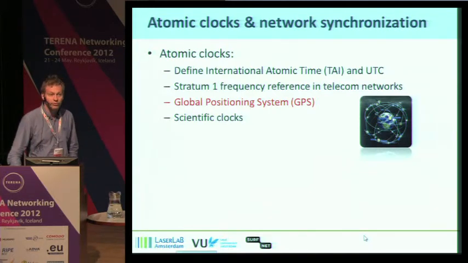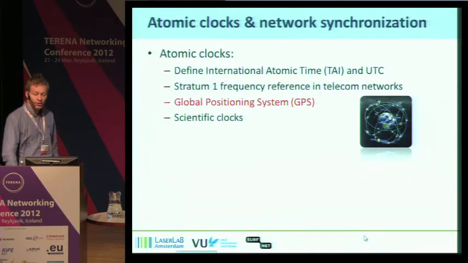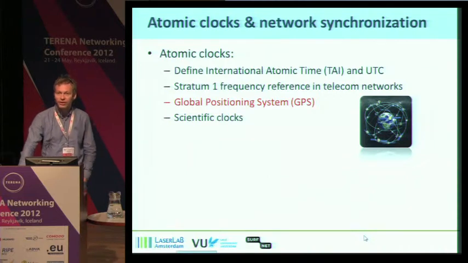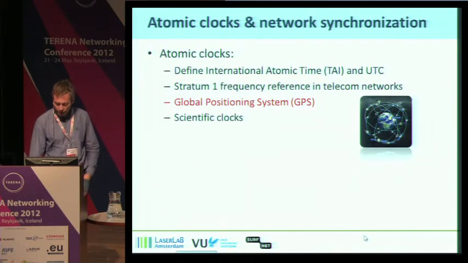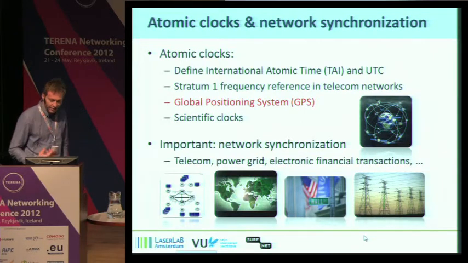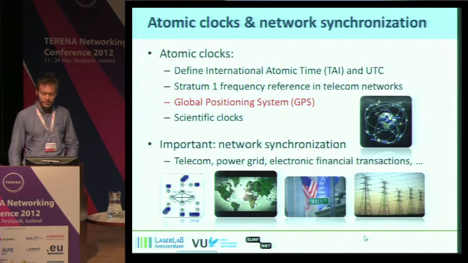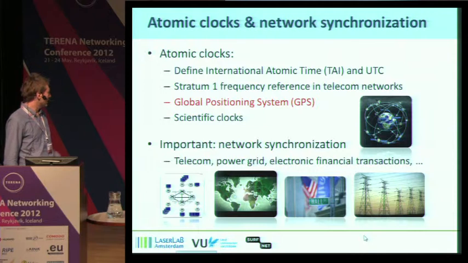A very important role they play is in the Global Positioning System, GPS, in which each GPS satellite is equipped with a couple of atomic clocks. It's actually the accuracy of the clocks that makes GPS work and enables the positioning. Atomic clocks are also used in scientific applications. But I think the network synchronization part is the most important part for our society.